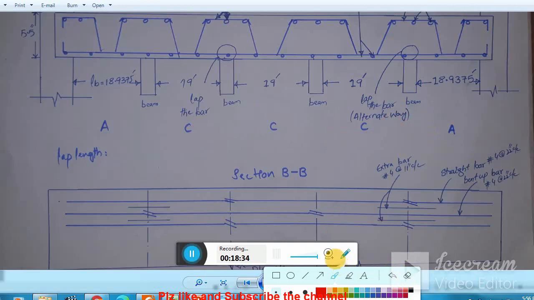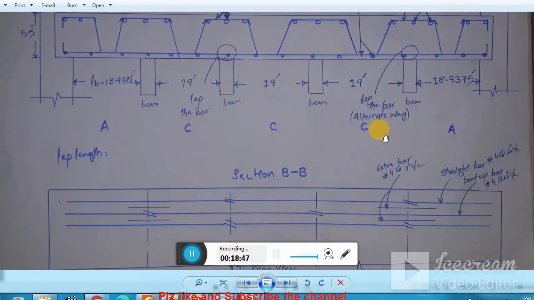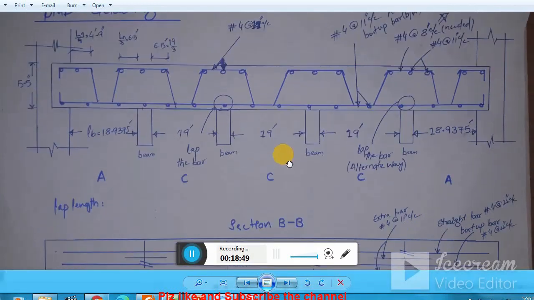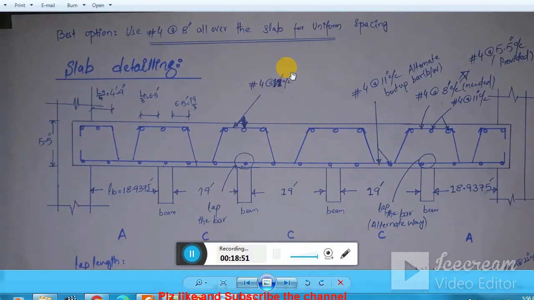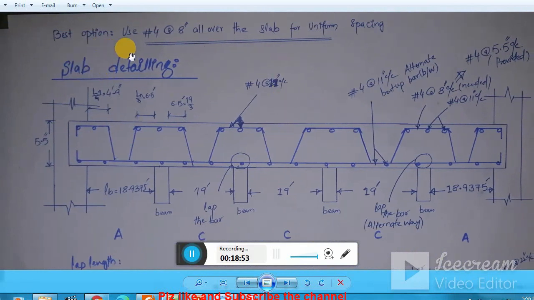And one thing which is very important: to offset this difficulty, because practically it is very difficult for the labor, the best approach is that you provide uniform spacing. Here you see the best option: use number 4 bars at the rate of 8 inch center to center all over the slab for uniform spacing.